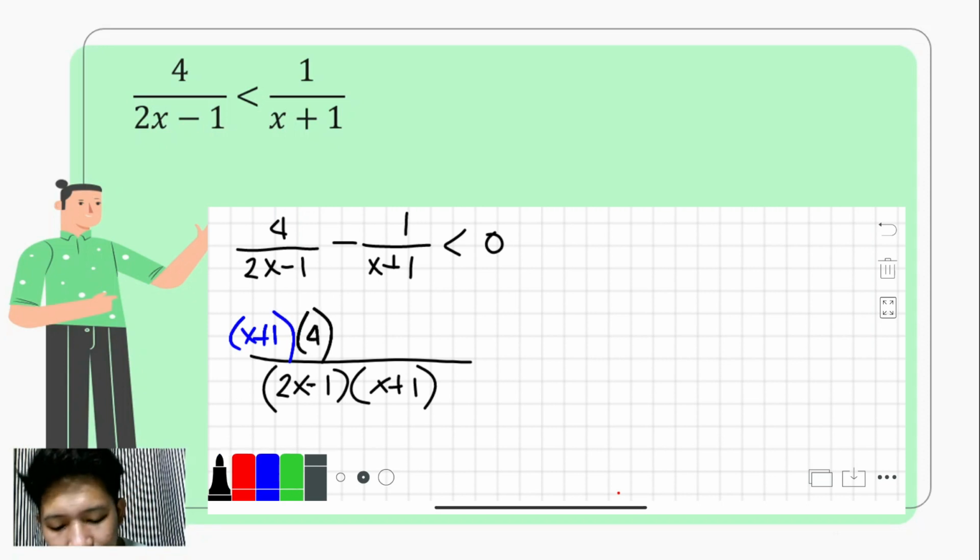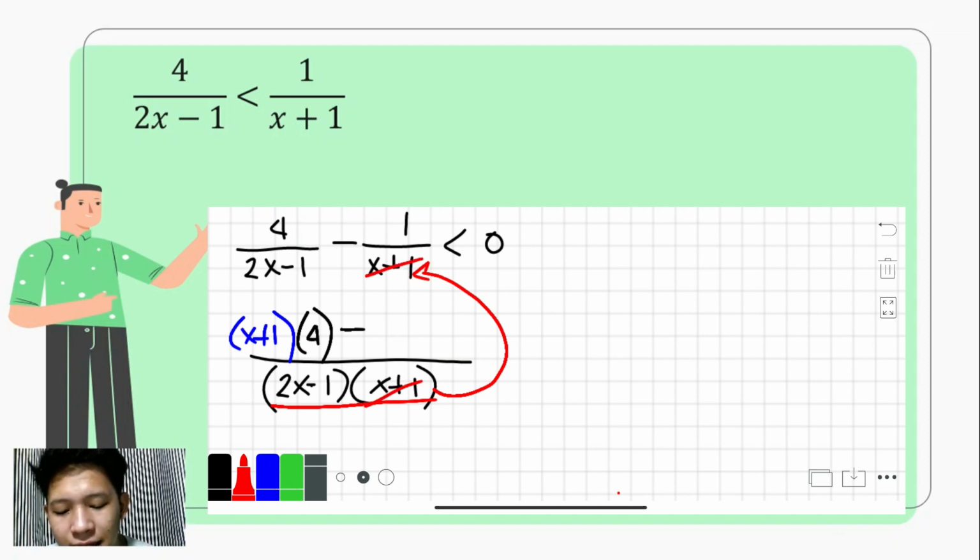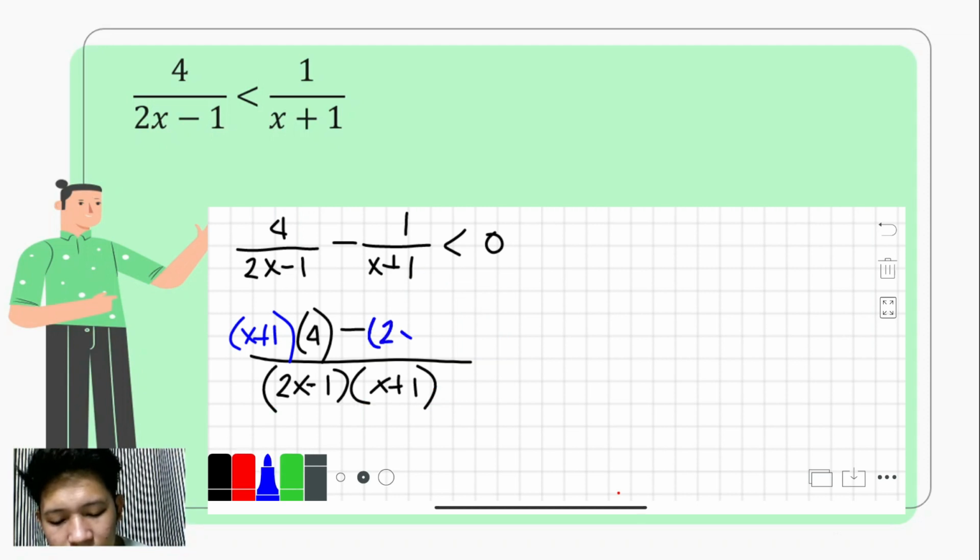And then, minus. Same process yung ginawa natin kanina. I-divide natin kay x plus 1, makakancel lang si x plus 1, matitira lang si 2x minus 1. So, yun po yung i-multiply natin. We have here 2x minus 1 multiplied by the numerator, which is 1, is less than 0.